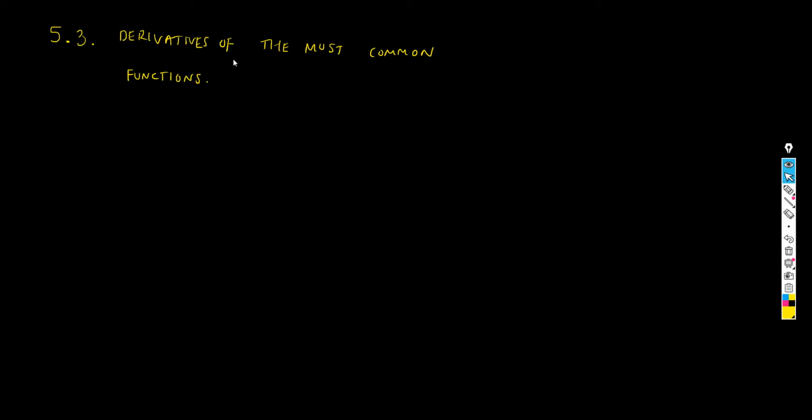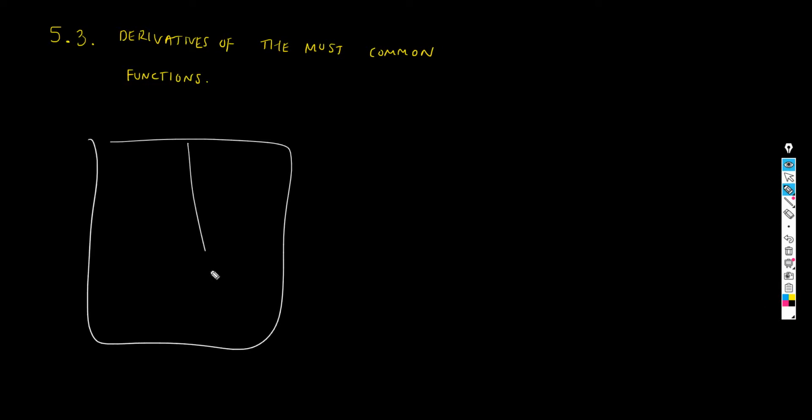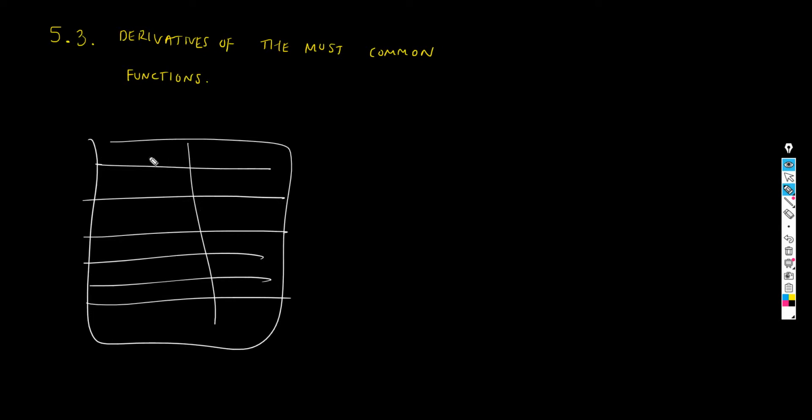Okay, so all the theory in there is pretty understandable, and there isn't much to say about this lesson, other than I'm gonna give you a table of the main functions that we're gonna look at throughout the course, and you know all of this.